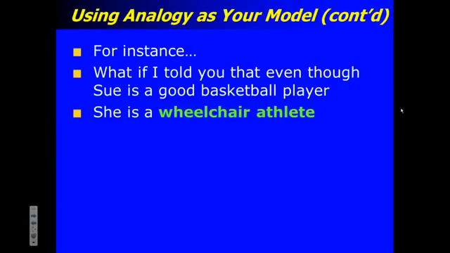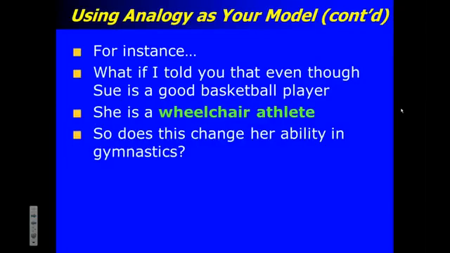This new piece of information might let you draw from your analogy and say, you know what? If she's in a wheelchair, she may have some sort of paralysis, and if that's the case, I don't know if being a gymnast would be something that she would be capable of. So at this point, your prediction might be to say, no, I don't think she is a good gymnast. And this is, again, a prediction based on using analogy as your model, okay?